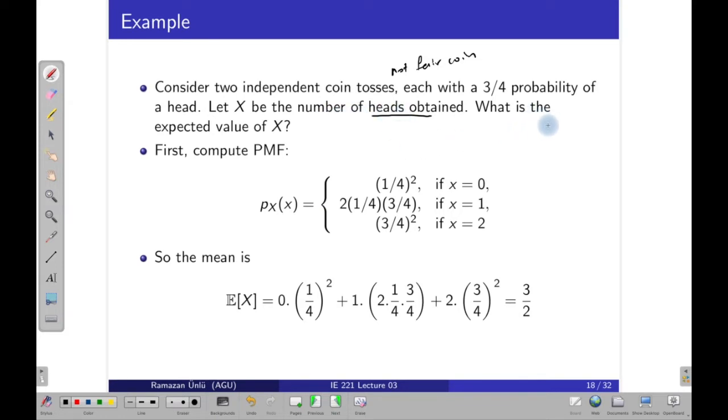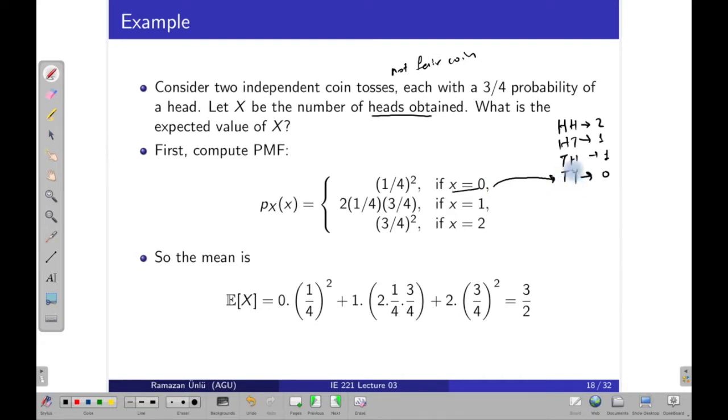So this is 2 coins, and I can get head-head, head-tail, tail-head, and tail-tail. So I can get 0 heads, 1 head, 1 head and 2 heads. So if x is equal to 0, this corresponds to this subset, right?